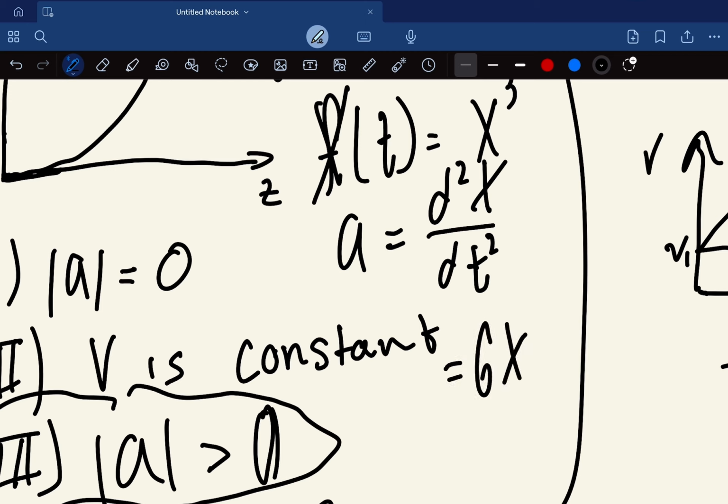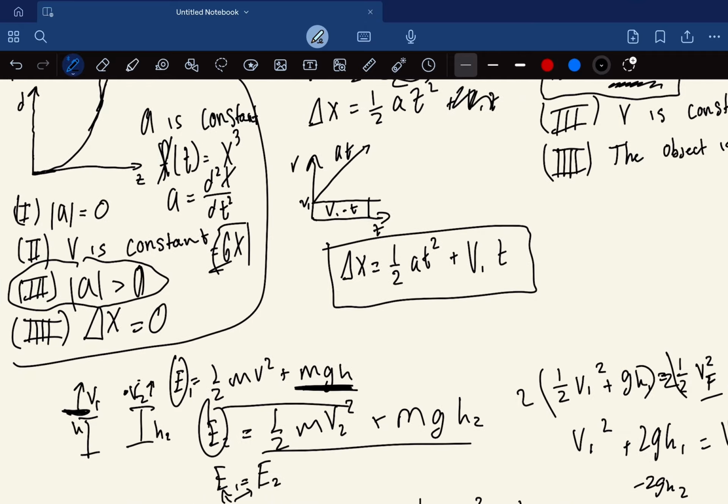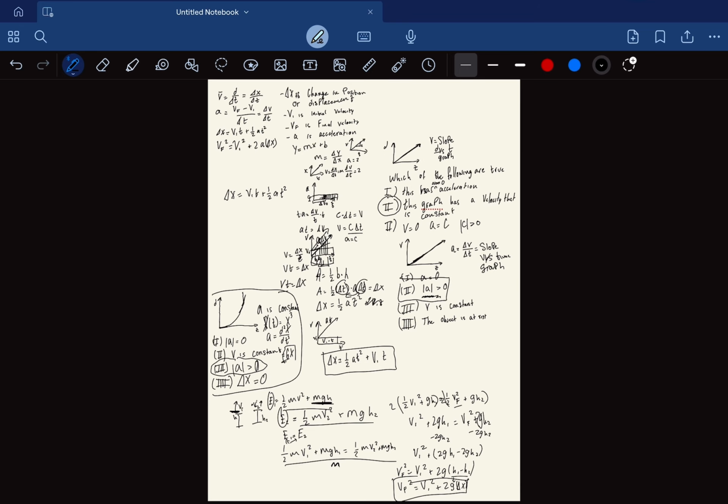So the acceleration would be changing. So it might not be constant acceleration. We do not know.